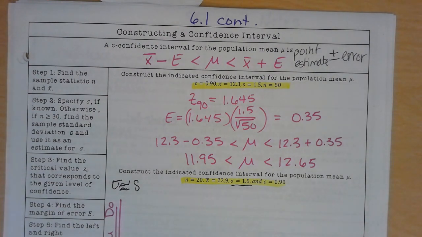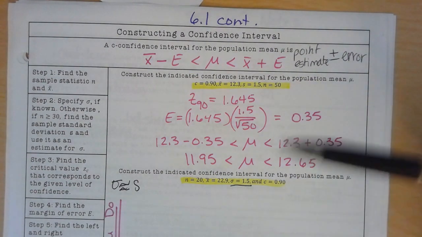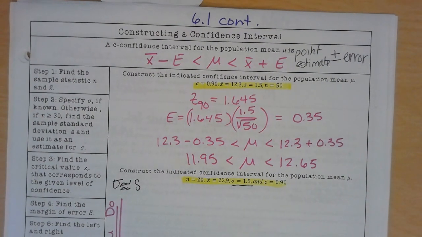For population variance, the point estimate is the sample variance. For population standard deviation, the point estimate is the sample standard deviation. So the things that go together in terms of names and what they're representing, that's what the point estimate is. They always go together. But then the error is always found by using that one formula. That one won't ever change.